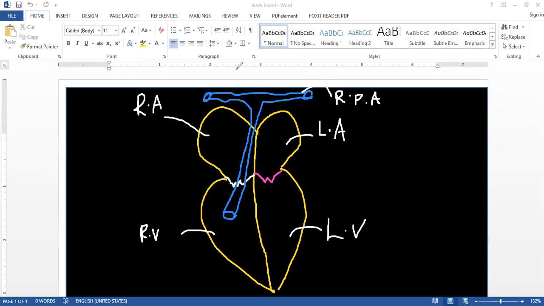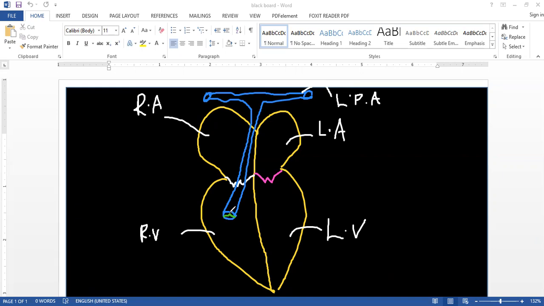Between them there is a valve. Already I said, if it goes right side... sorry, it should be left. By observing it looks right, but actually this is left, and this is the right pulmonary artery. And there is a valve here.